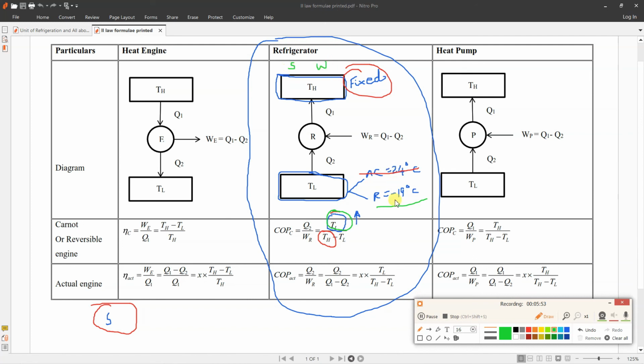The refrigerator will have more COP when T high is less, and that is during winter season. So you should remember this point about the season. If you are changing the season and keeping the application the same, in winter season COP will be highest. And if you are considering a particular season, either summer or winter, and you are changing the device, either refrigerator or air conditioner, in that case the air conditioner has more COP.